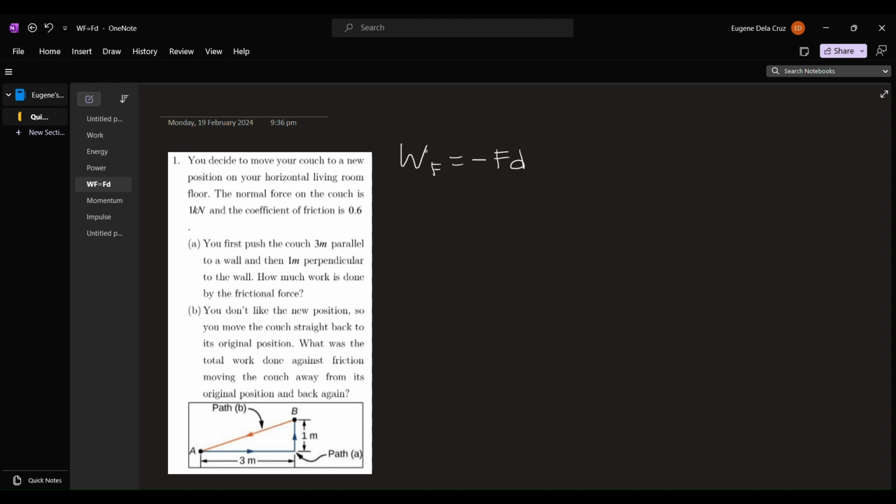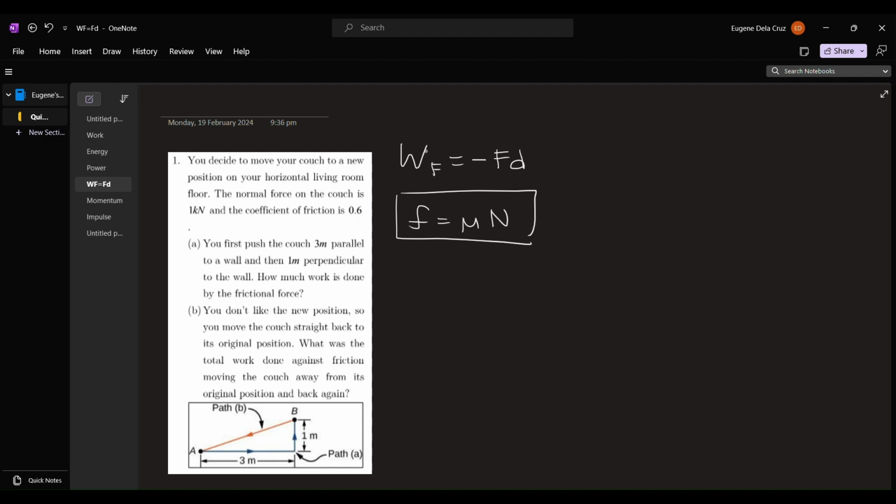So to look for the work done by the frictional force, we first need to look for the frictional force. So an important formula for this is F is equal to mu times N, where F is the frictional force, mu is the coefficient of friction, and N is the normal force applied.